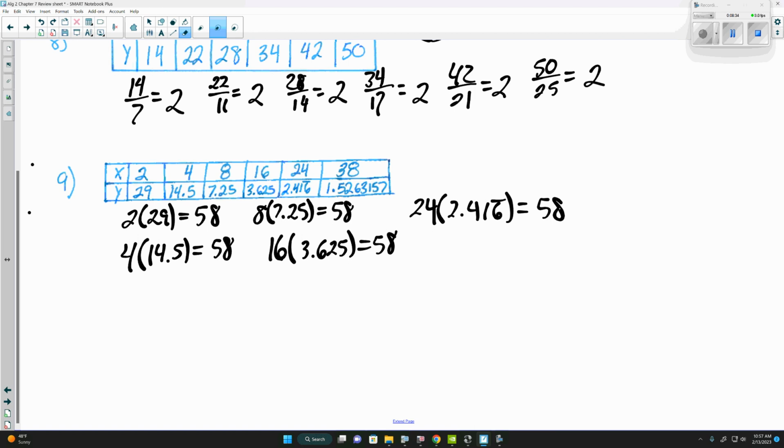And unfortunately, the decimal after that got very funky for the next one. It still works out to be 58 approximately. So this is inverse. Really, I just need to remove this from it and it would work out fine, but it is inverse.